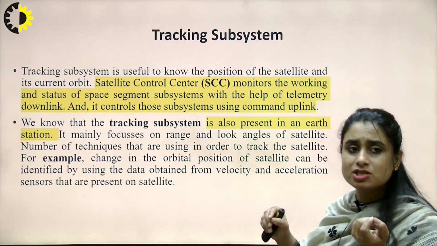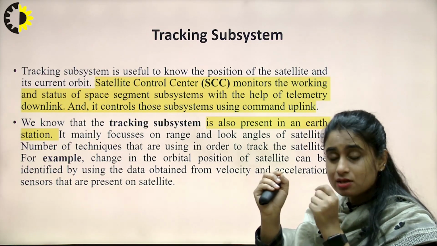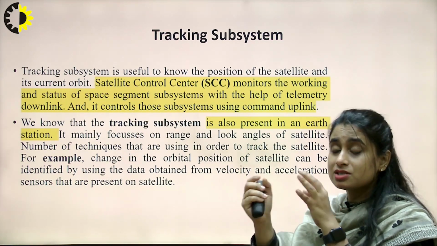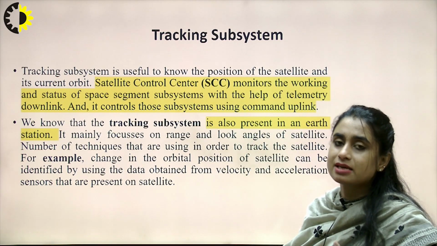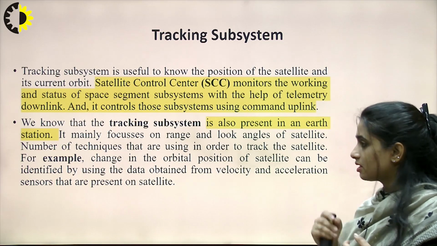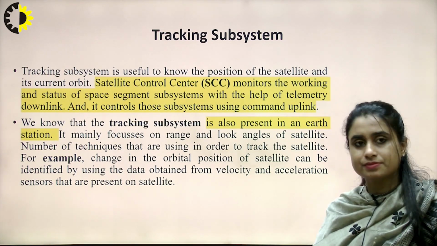If there is a minute change in velocity and acceleration, that means there has been a change in the distance, in the orientation, in the track of the satellite. So by observing these errors, these changes, we can easily get to know that some change has occurred, right?